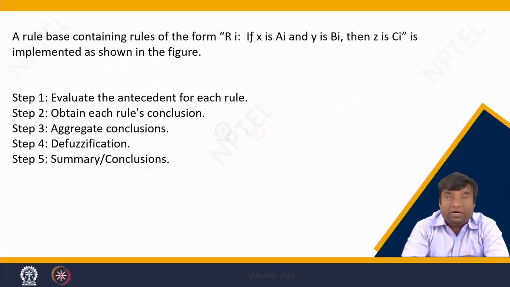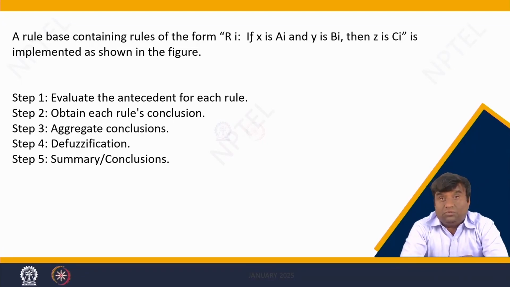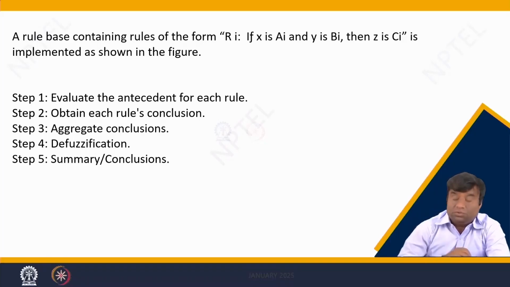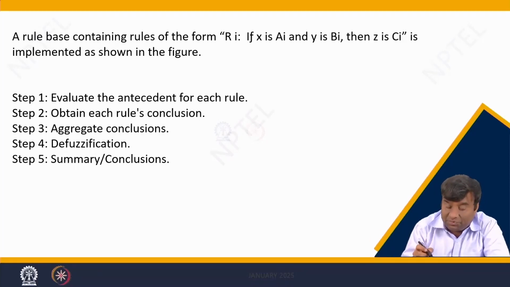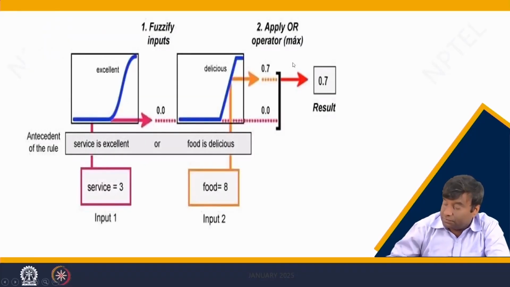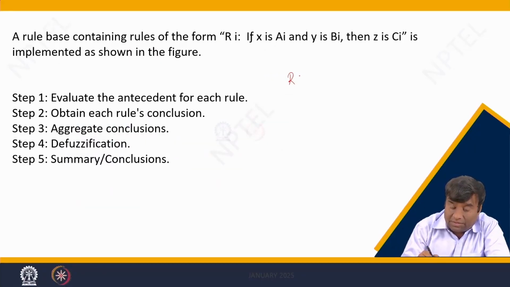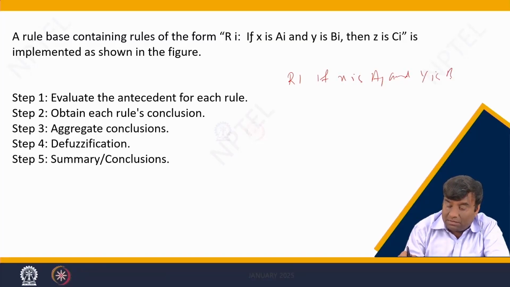A rule is of the form Ri: if x is Ai and y is Bi, then z is Ci. Suppose there is a rule R1 that says if x is A1 and y is B1, then z is C1.